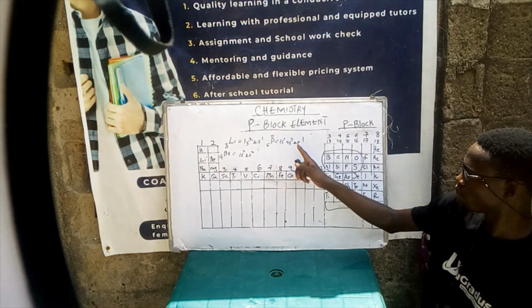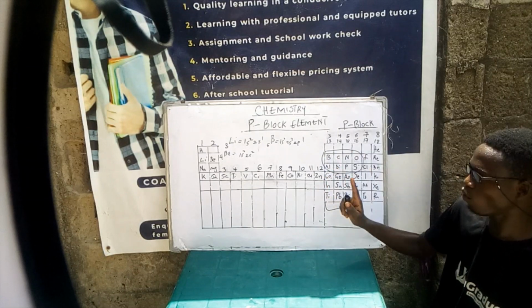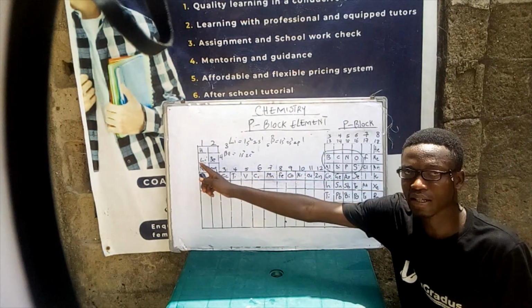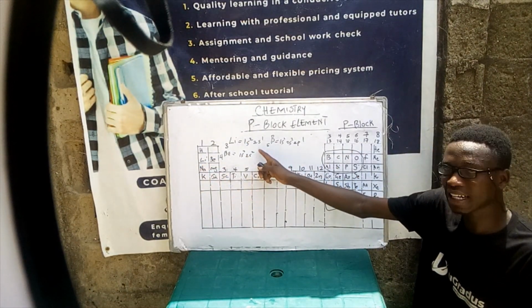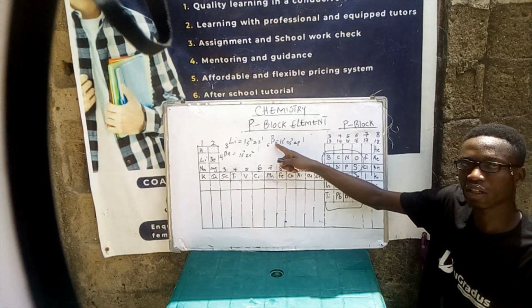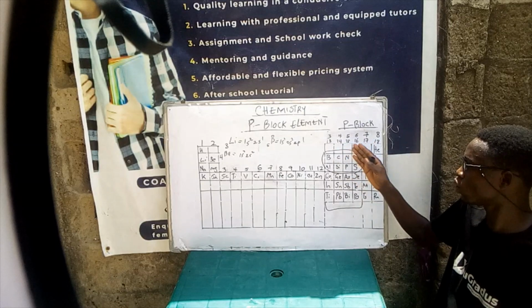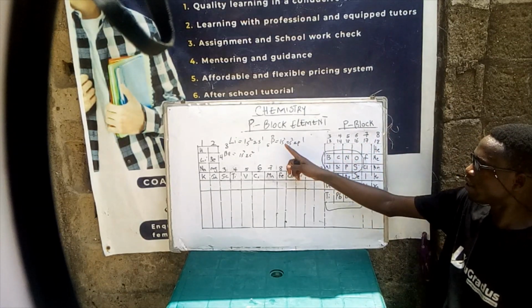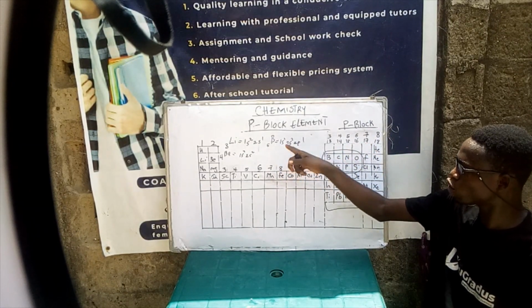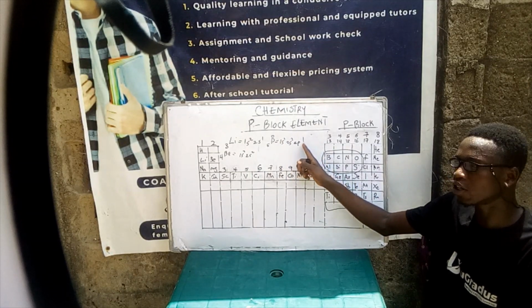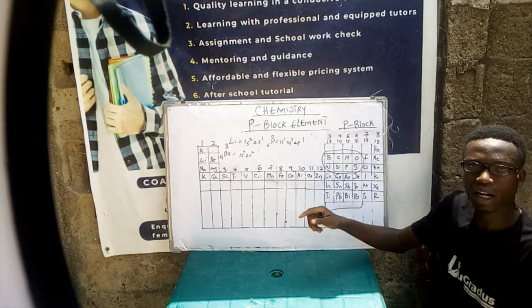What do you notice in boron? Lithium and beryllium, which belong to these groups, did not enter the p block. But when I configure boron, which is here, and I've already established that p block elements are found in group 13 to 18, this boron shows that it has at least 1 electron in the p orbital. That means boron is a p block element.